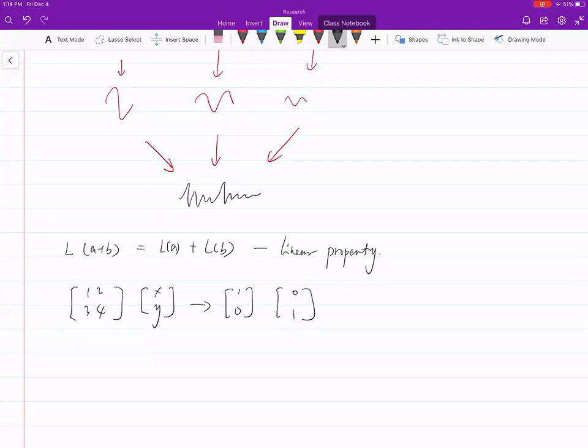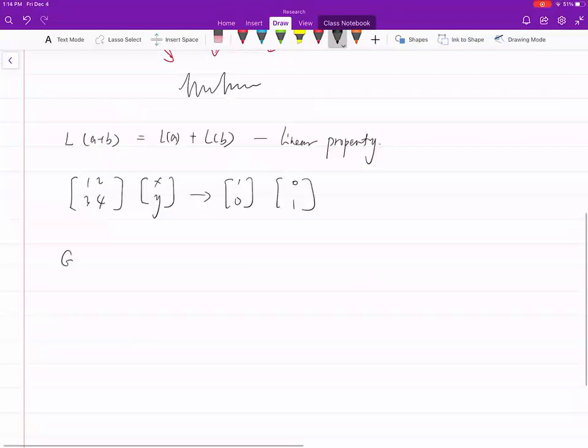All right. So that's a nice property about linear waves. Electrical waves are linear, optical waves are linear, and magnetic waves are linear. So that is great. What kind of wave is not linear? Gravitational waves. They are not linear.